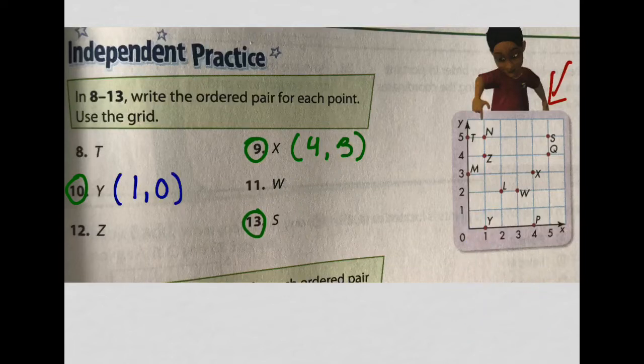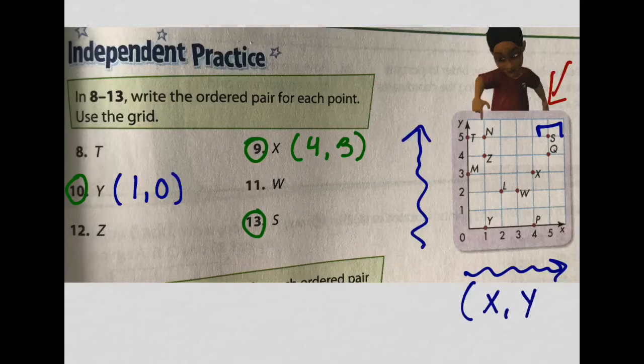Let's find point S. All right, point S, where are you? Oh, point S is all the way up here. Remember, you crawl along the x-axis before you walk on the y, so I'm going to do my x point first and then my y, and that's how I'm going to write my ordered pair. So let's start at the origin.